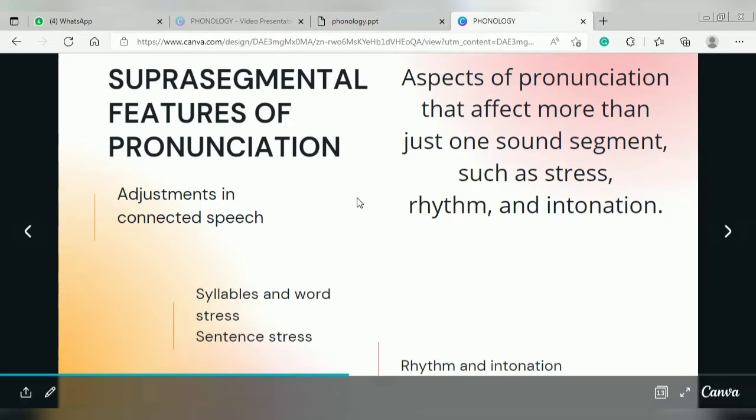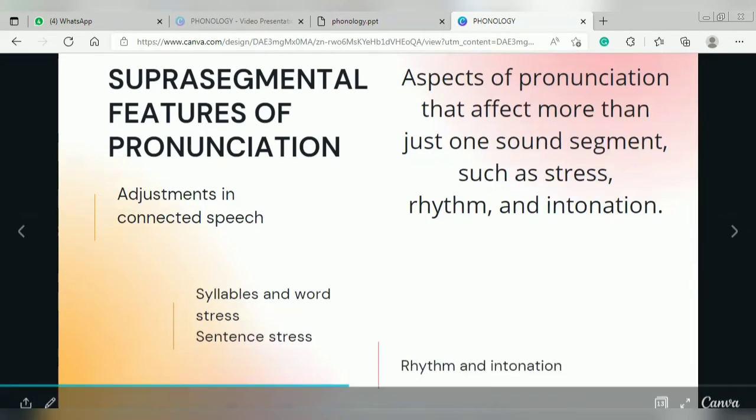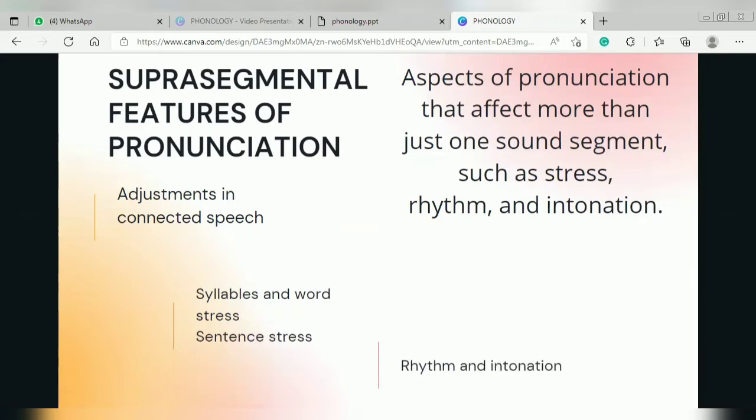In these suprasegmental features, we have several divisions: adjustments in connected speech, syllables and word stress, sentence stress, and rhythm and intonation.